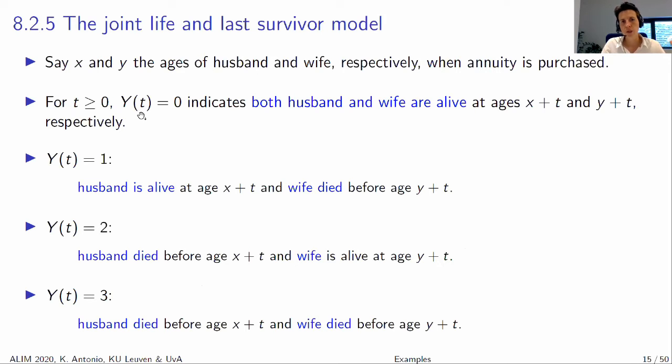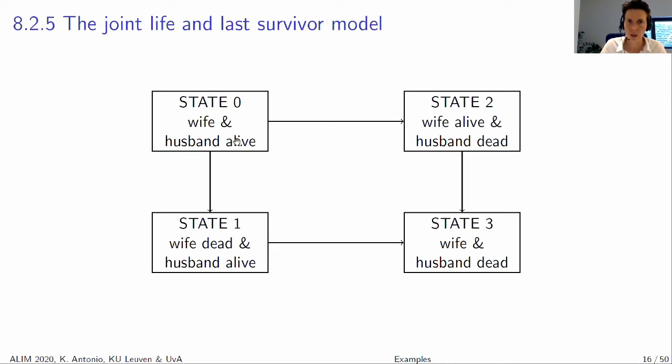Then we can denote with our Y, our status variable, we can say Y is 0 if both partners are alive at ages X plus T, Y plus T. If Y equals 1, then you go to state 1. If Y equals 2, you enter state 2, etc. So that's basically the stochastic process that comes with this 4-state model.